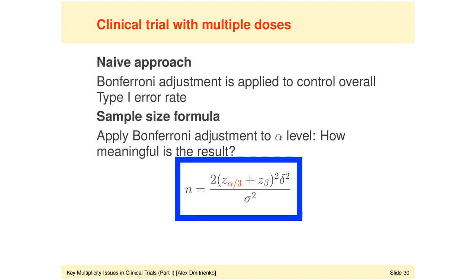In this formula, there were 2 key parameters, alpha and beta, that denoted the type 1 and type 2 error probability. Since with the Bonferroni adjustment we adjust the significance level for each individual test, we're going to take the standard sample size calculation formula and replace the alpha in this formula with the Bonferroni adjusted significance level, which is alpha over 3. How meaningful will the result be?